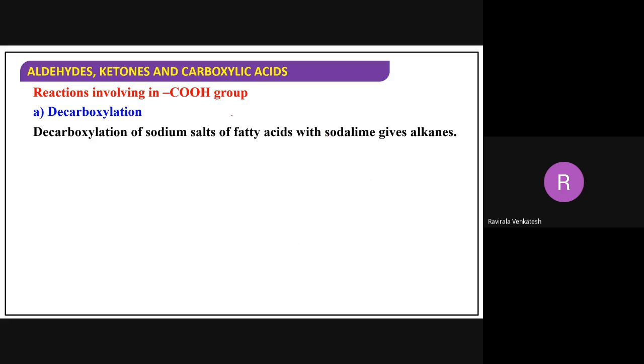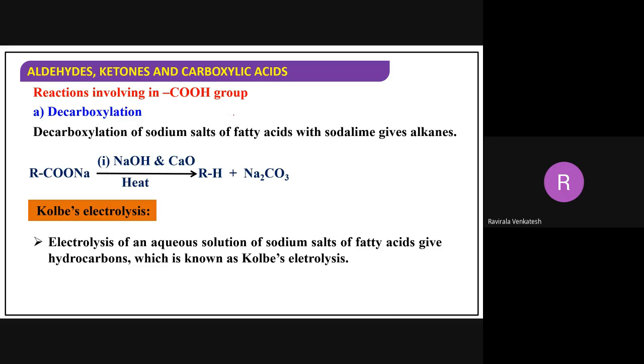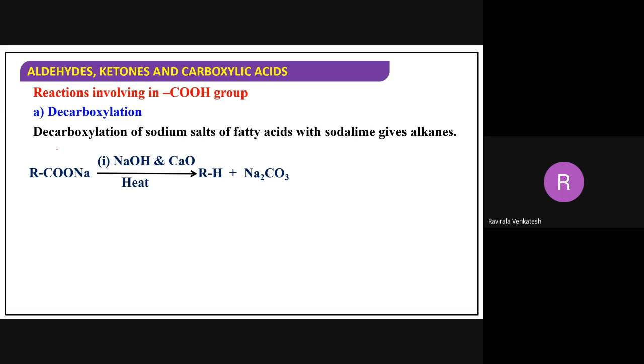Soda lime is nothing but the mixture of sodium hydroxide plus calcium oxide. This is the reaction involved; you have seen this already, right? For example, if they give CH3COOH and want to convert this into methane, what do we have to do?